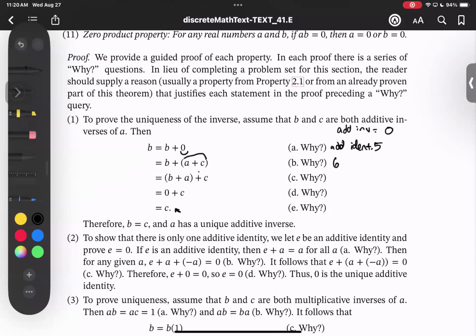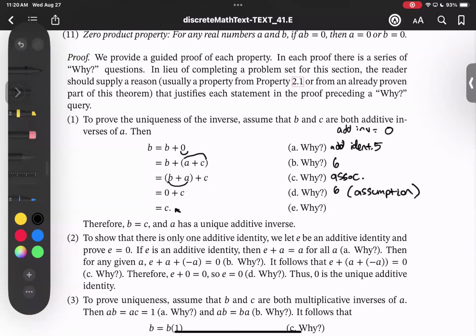And then the next step is we move the parentheses around. That's the associative property. And then by our assumption that B and A are additive inverses of each other, so that's 6 as well, by assumption.